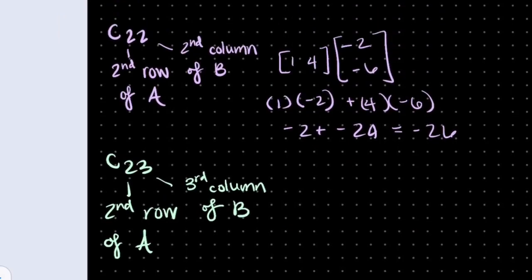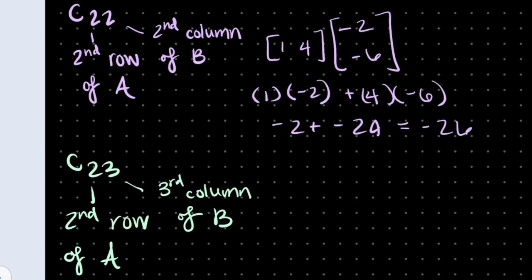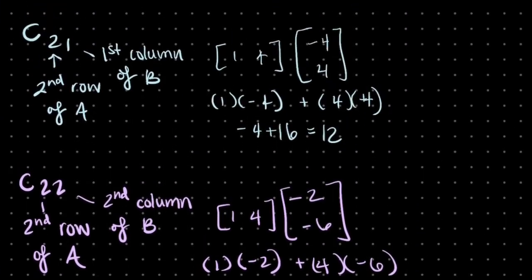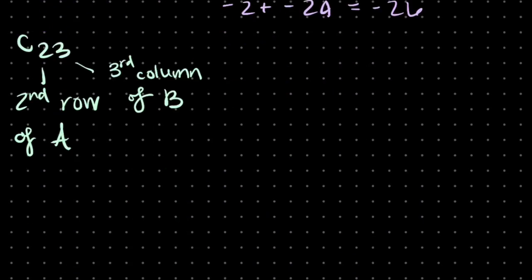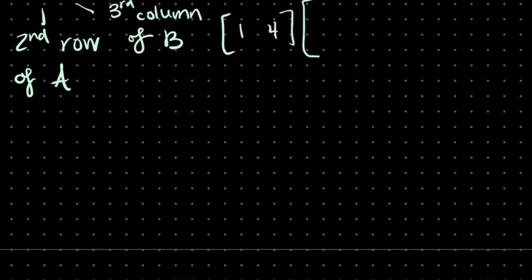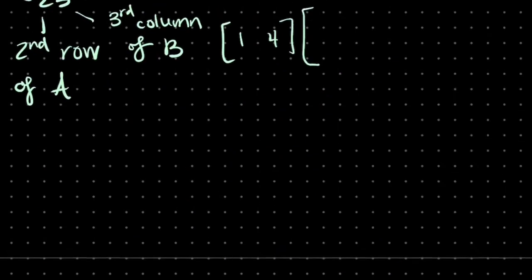Okay, so we're still in the second row, but now we are in the third column. So we're still going to have 1, 4, but now we're multiplying by 5, negative 1. It's a positive 5, right?